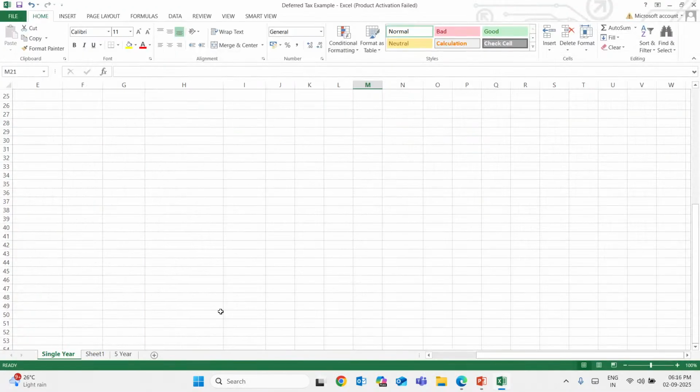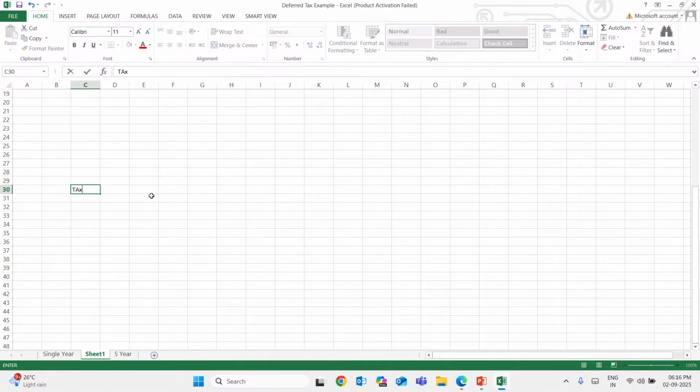For example, we have a tax loss in the year 2025 of 10,000, right? And next year you have a tax of 5,000. Under this, the tax authority allowed you to actually deduct an amount, let's say 1,000.